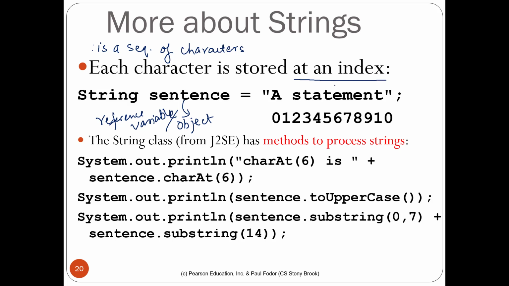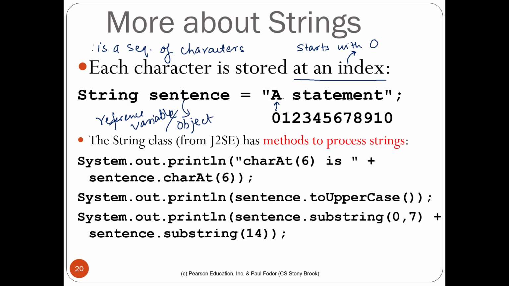Let's try to understand what this index is. Index starts with 0. So we want to start with 1? We will always start with 0. That's how it is with most programming languages. So the first character in my sentence variable is a, so it will get the index 0.